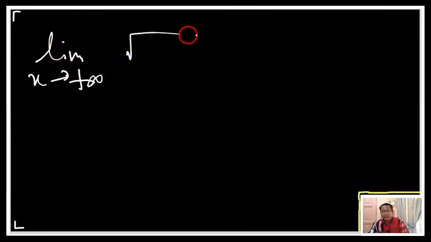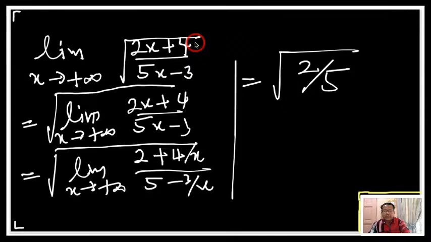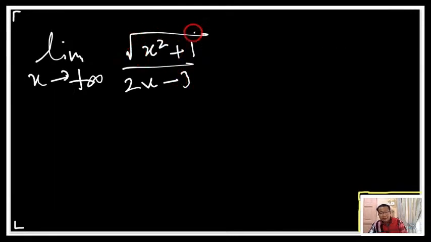Now, radical function. Limit x approaches positive infinity, square root of (x squared plus 1) over 2x minus 3. Just now, the radical was for the whole expression, but this one only the numerator has the radical.